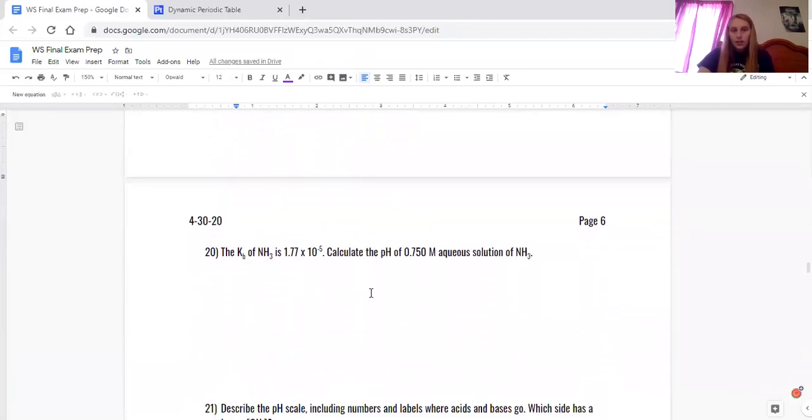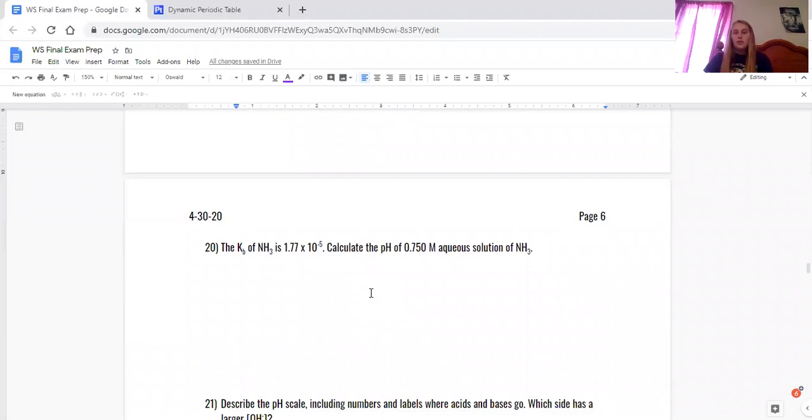Number 20. The Kb of NH3 is 1.77 times 10 to the negative 5. Calculate the pH of a 0.750 molar aqueous solution of NH3. This is one where you would set up your RICE table to make life easier. So we're going to have a RICE table.